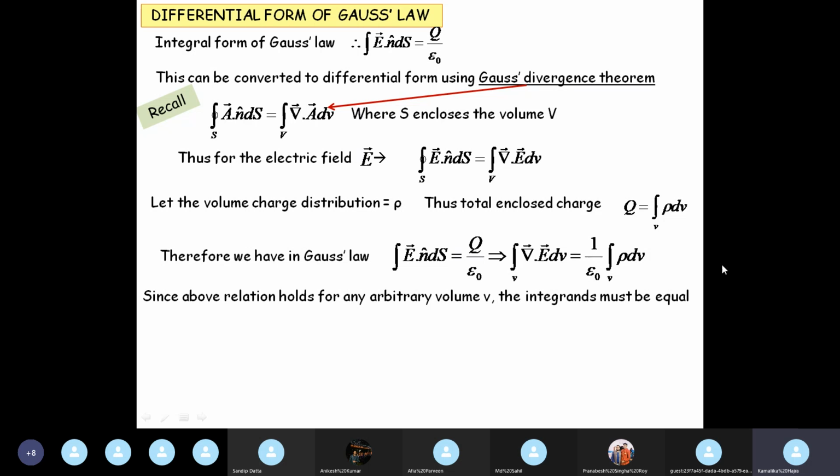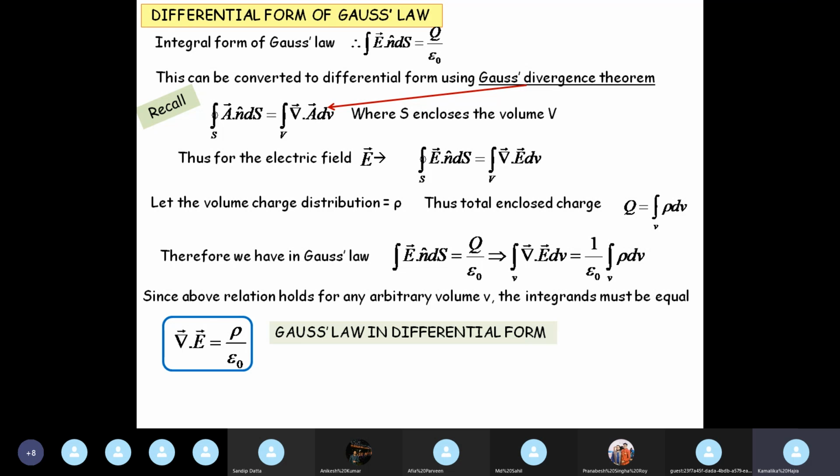Since this statement is true for any arbitrary volume V, the integrands, the quantities that we are integrating, must be equal. So we can write divergence of E equal to rho by epsilon naught. As you can see, divergence is a differential operator, and therefore this is the statement of Gauss's law in differential form.